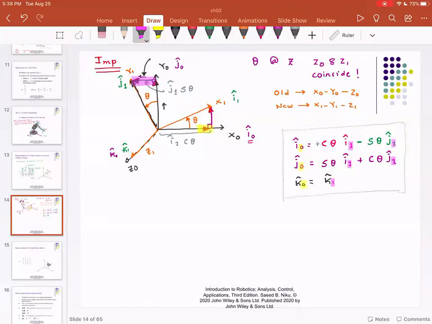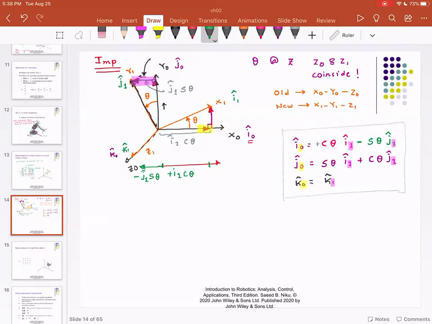If you look at the I0 direction, on the I0 direction you have this I1 cosine theta and you have J1 sine theta, where I1 cosine theta is in the positive direction, J1 sine theta is in the negative direction. That's why you get the first equation.